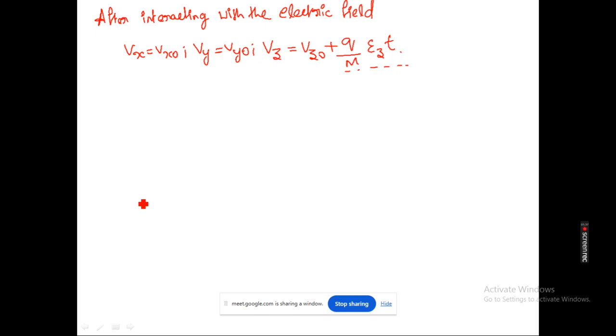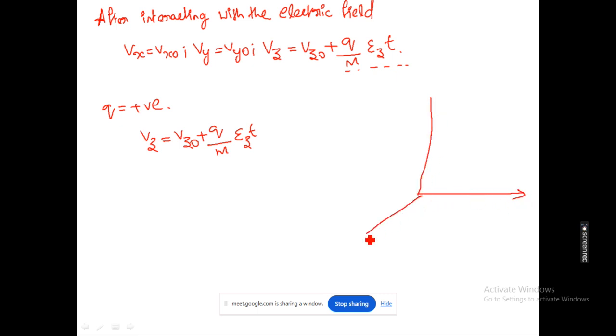Now consider some charged particle with charge q, and consider that q is positive. In that case, Vz will be Vz0 plus q by m Ez into t, so it will be moving along the direction of the electric field, the positive z direction.